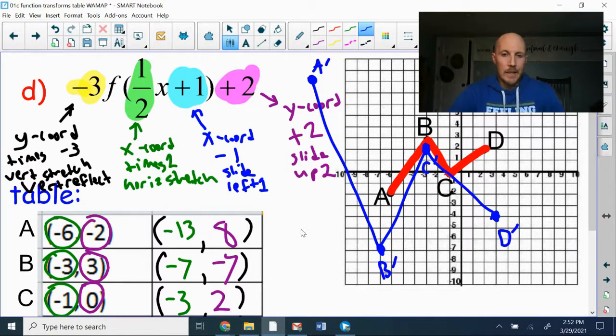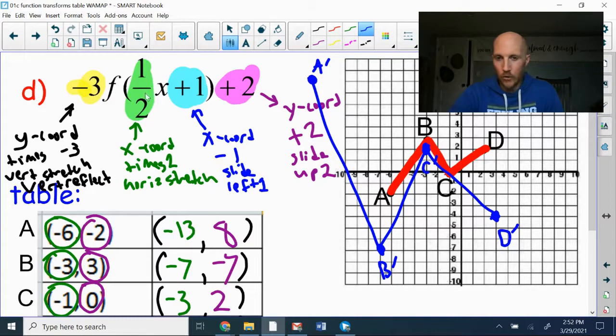Okay. So we could go through the same description for each of those points. Point B started out above the x-axis and then is below, and then it was stretched further away from the x-axis. Point C stayed on the x-axis through the reflection and the stretch, but then as a result of the translation, still slid up 2 spaces, and point D originally was above and now is below, and then was stretched further below by that -3 leading coefficient.